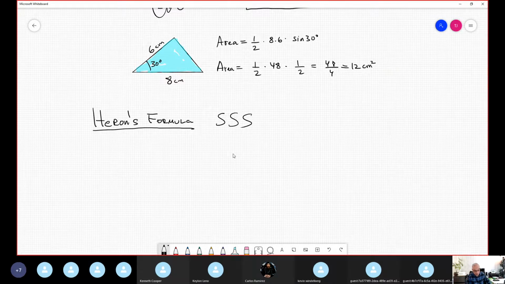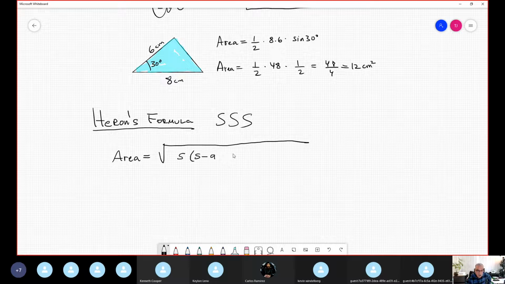But no, okay. Let's do it with the other formula, which is: area is equal to the big square root of s times (s minus a) times (s minus b) times (s minus c). And of course, a, b, c are given.